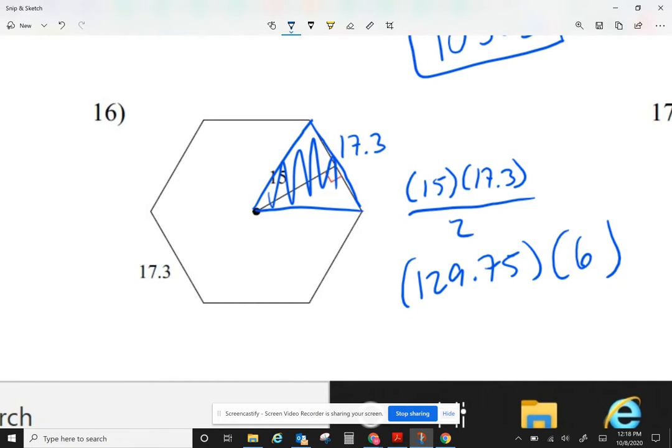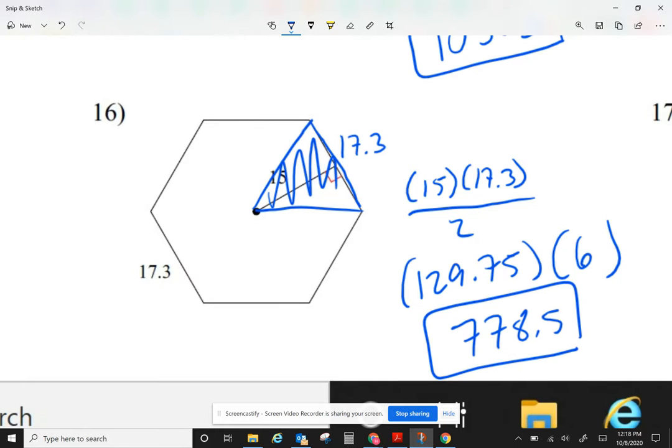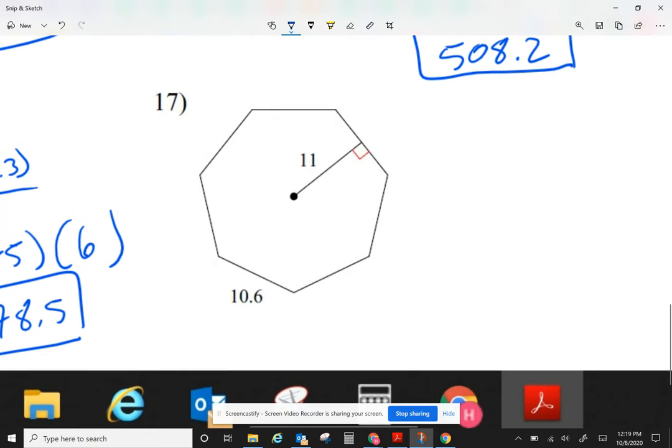So 129.75 times 6 gives me 778.5. Your final answer, if it is more than one decimal place, round it to one decimal place only. Just the final answer, not the work in between.